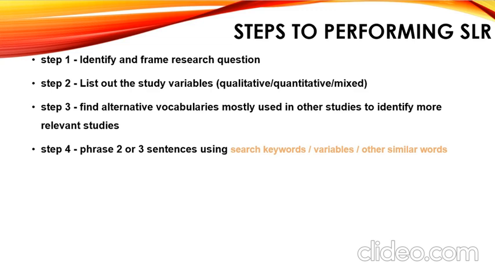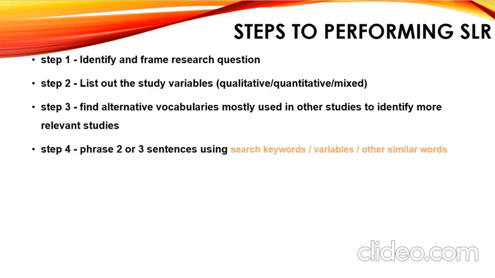For example, for the term crop diversification, other studies have used crop diversity, multiple cropping, diversifying crops, more than two crops, non-monocrop, double cropping.